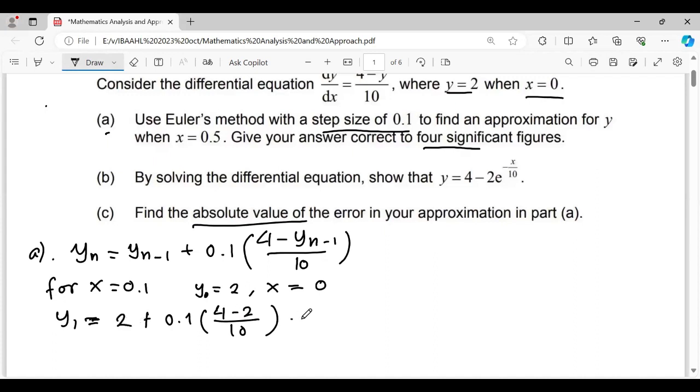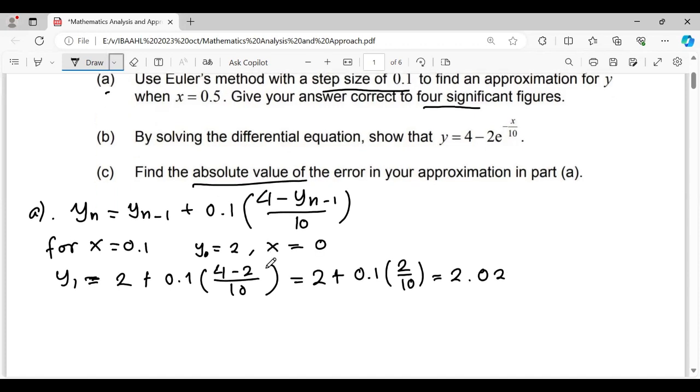All right. So it's going to be 2 plus 0.1 times 2 over 10. So it is 2.02.